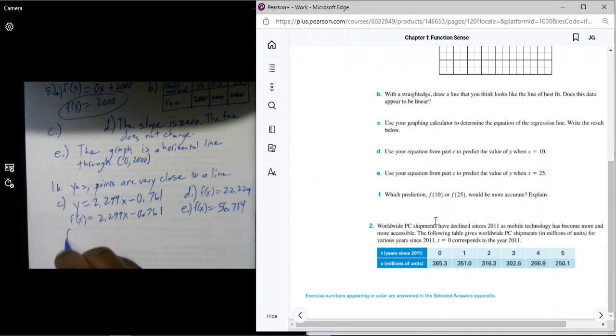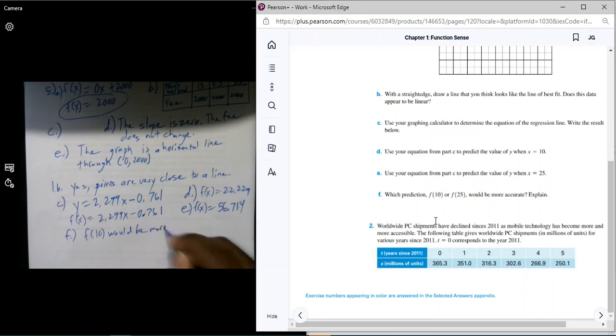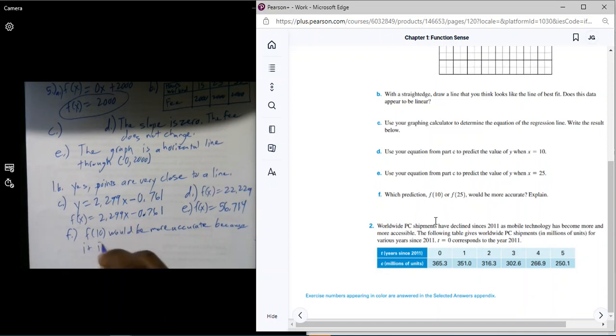So with that being said, that's F. F of 10 would be more accurate because it is within the given data.